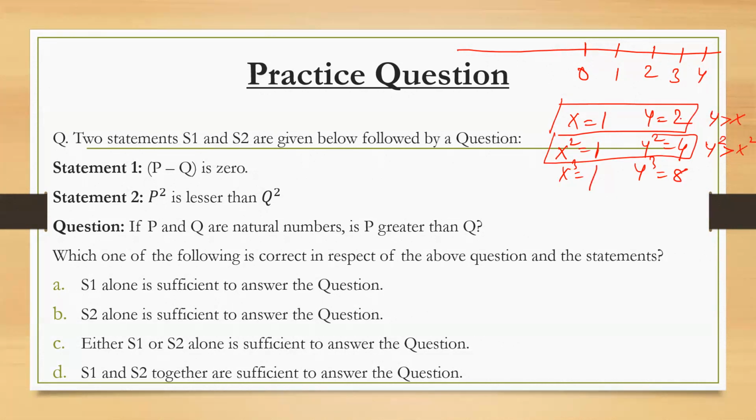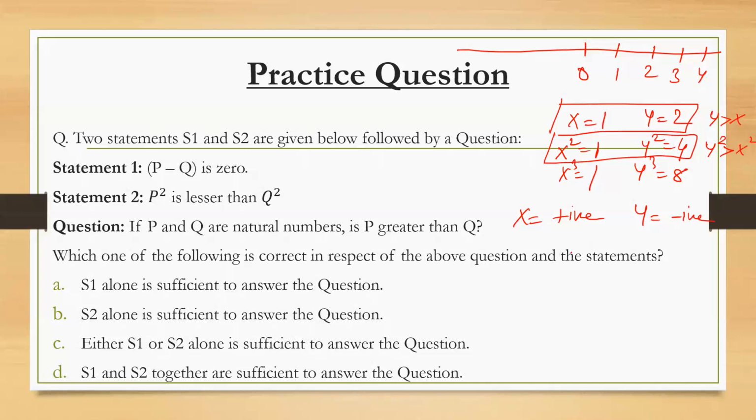x is 1, y is equal to 2, that is, both are positive numbers. That is the reason I can definitely say, yes, if y is greater than x, then y square will also be greater than x square. Now what if x is positive and y is negative?